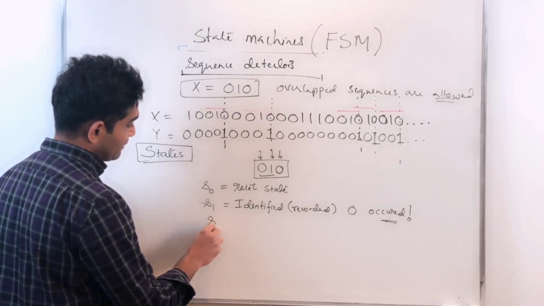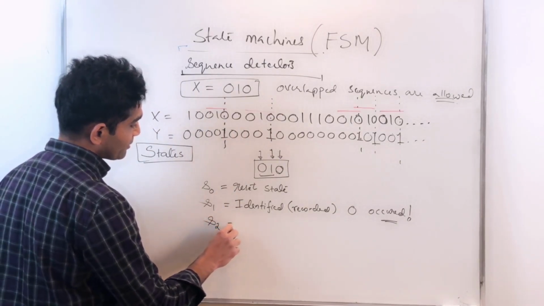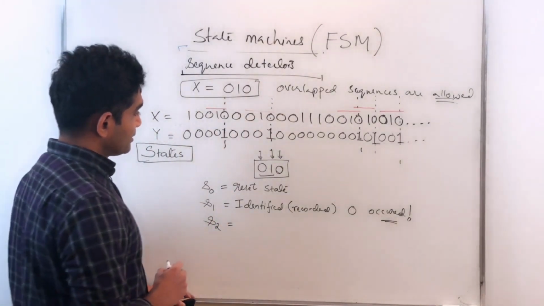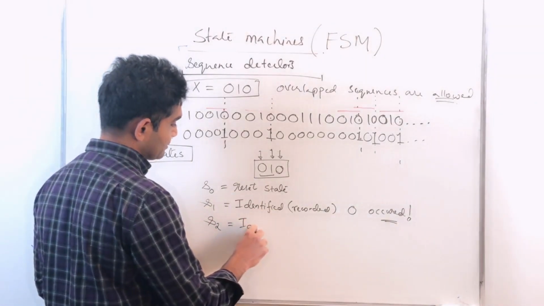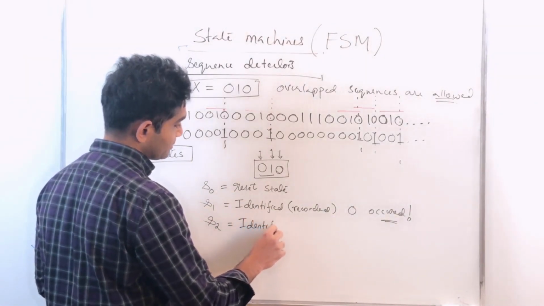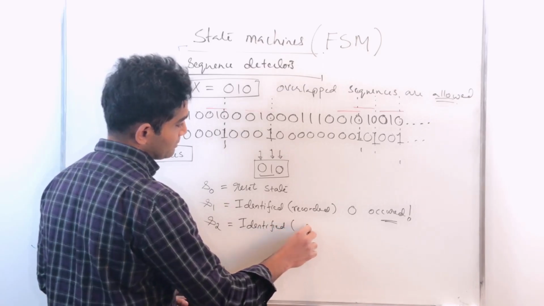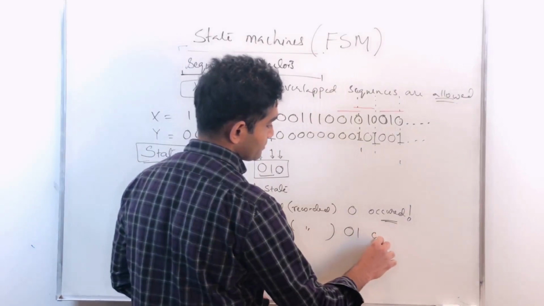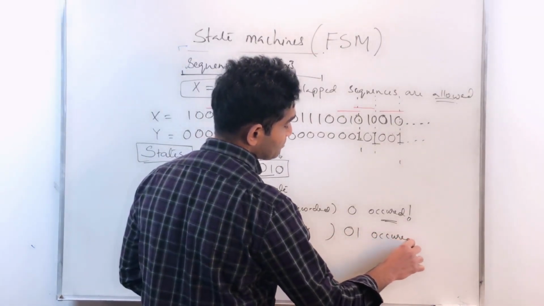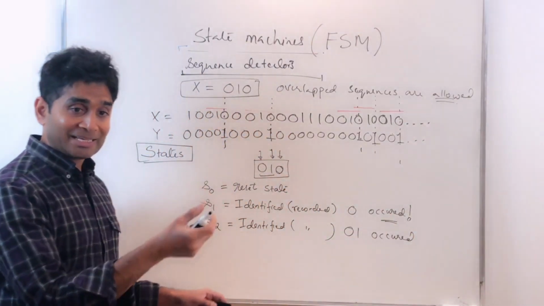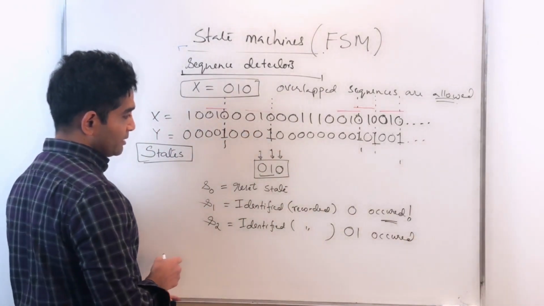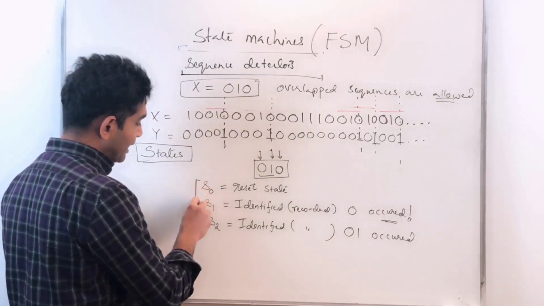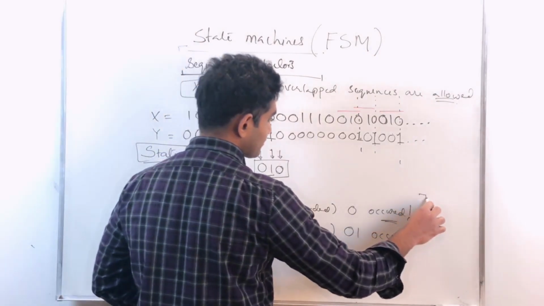I would define my S2 state as a state that has identified or recorded that a 0, 1 has occurred in the sequence, because 0, 1 is part of the sequence that I need to identify. And let's see if I can build my state diagram.